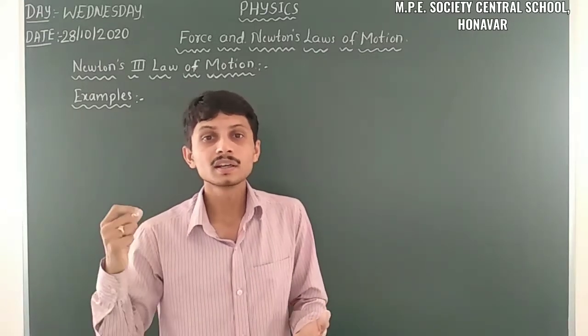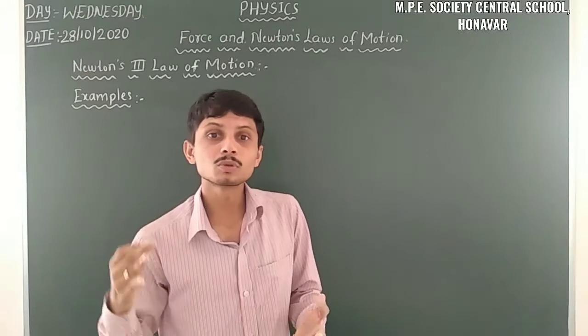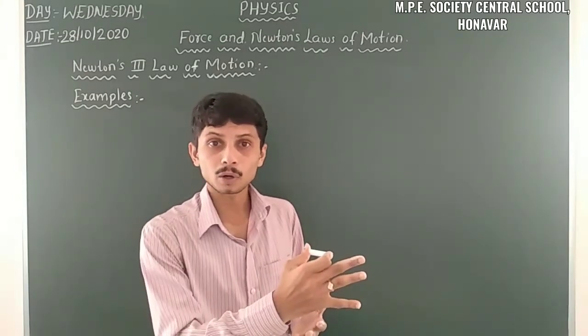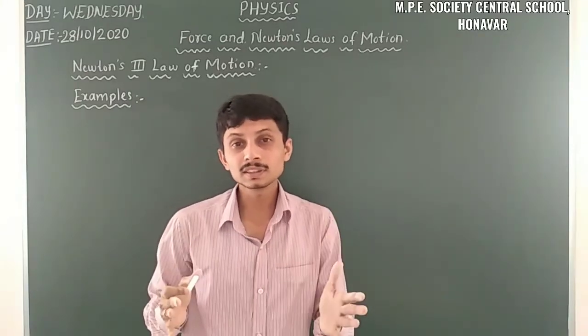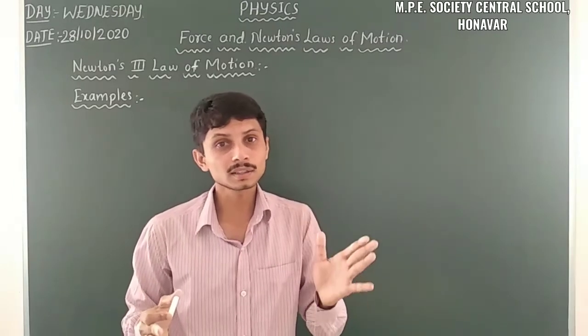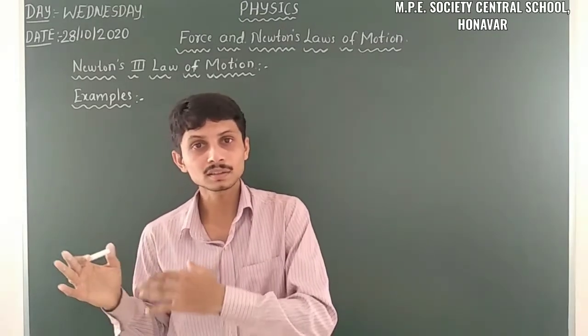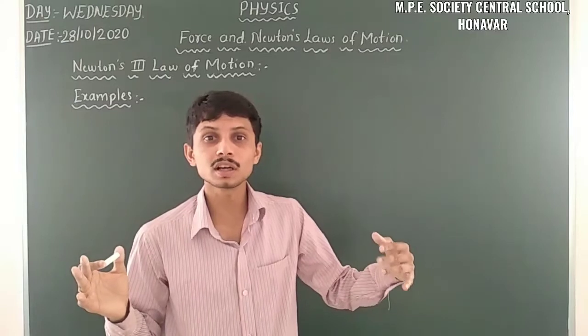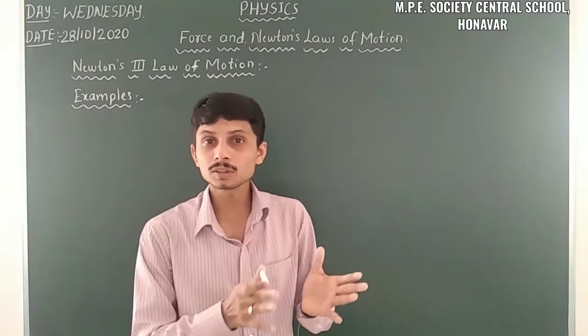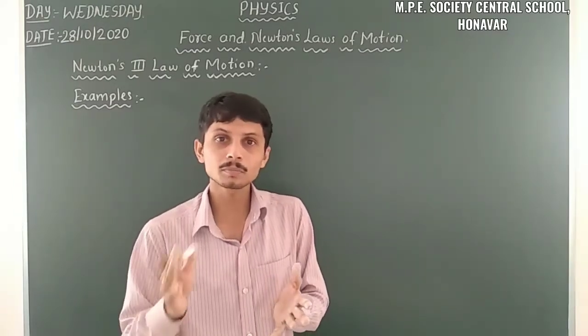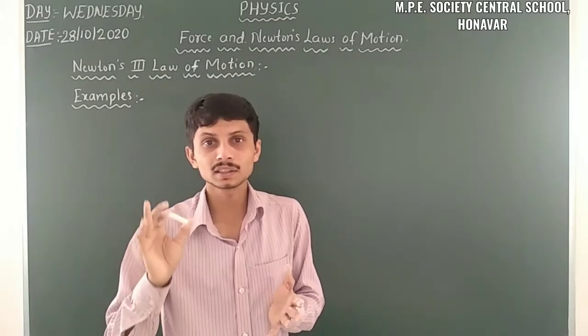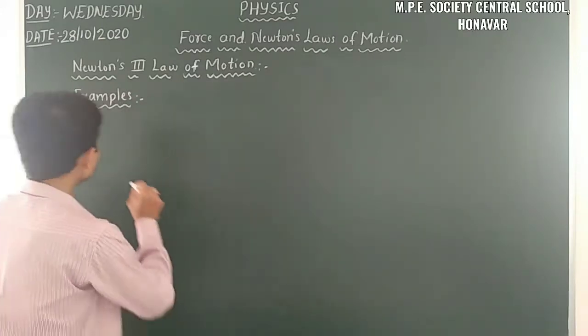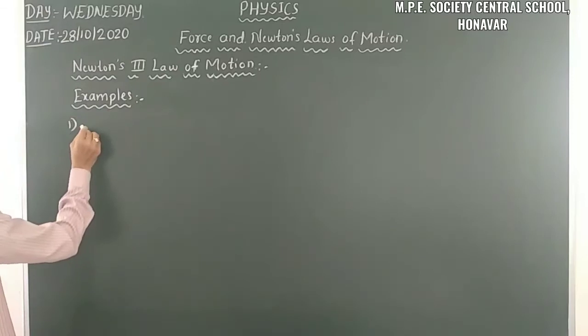That's why the fish moves in the forward direction. The fins push the water backward, and the fish moves forward. Both forces are equal in magnitude but opposite in direction. So the first example is the fins of the fish.